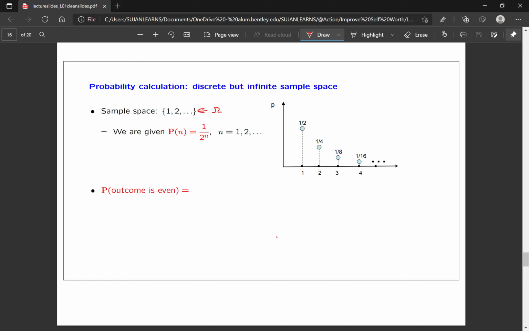We'll say that the probability law for one single subset of this set is 1 by 2 power n, where n is an entry in this set, in the sample space.